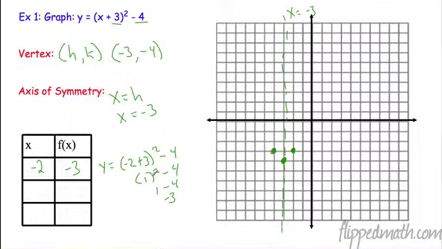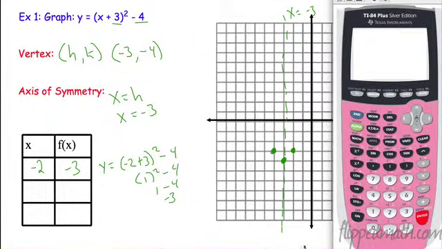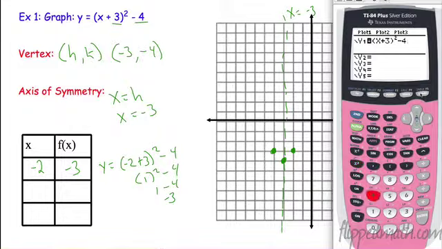Now, I can do this, and it's real easy. All right, another trick you could use, and if you remember how to use your table and your graphing calculator, it makes life real easy as well. Put in our equation, x plus 3 squared minus 4. And we want our table. So I'm going to do second table.